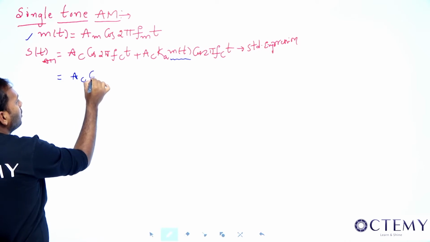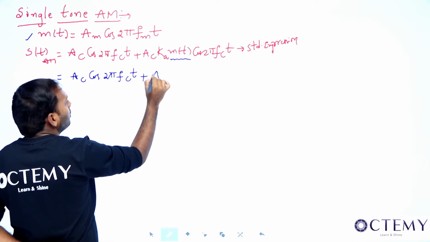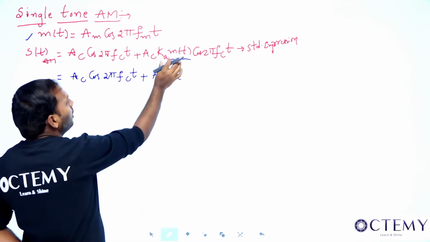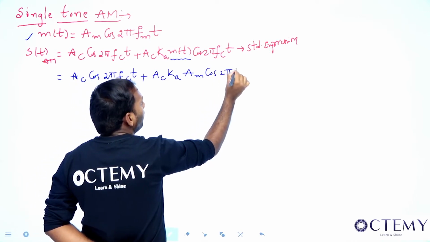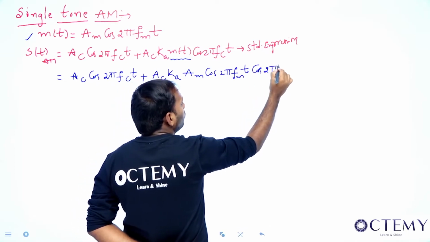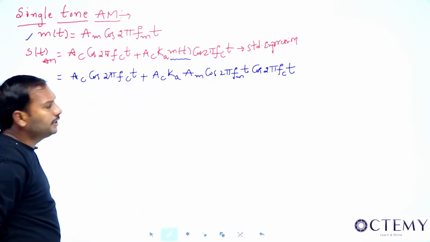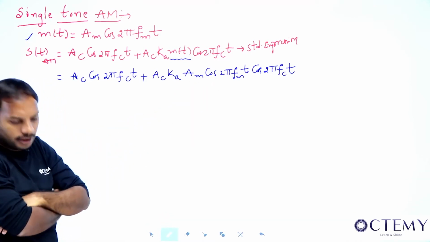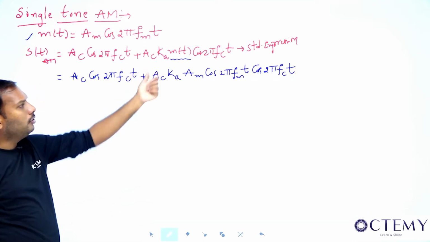So I substitute: Ac cos 2 pi fc t plus Ac Ka, and m of t is Am cos 2 pi fm t, times cos 2 pi fc t. Nothing I have done, simply I have substituted the value of m of t.